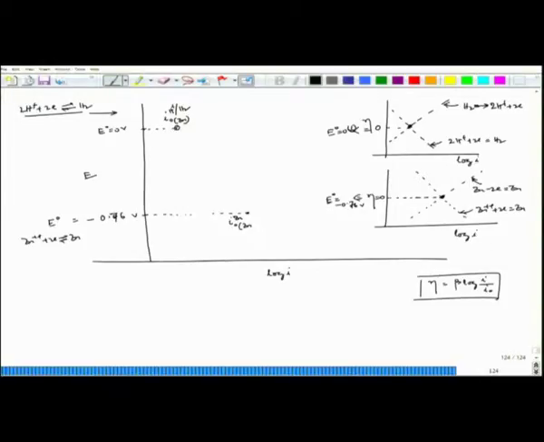How can they achieve it? If one goes to the anodic side and the other goes to the cathodic side, they cannot achieve a single unique potential because their potentials are moving away from each other. So, the only way they can achieve a mixed potential is by moving this one on the anodic side and this one on the cathodic side, and then only can they reach a unique potential.